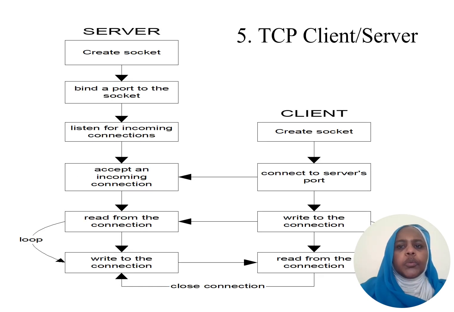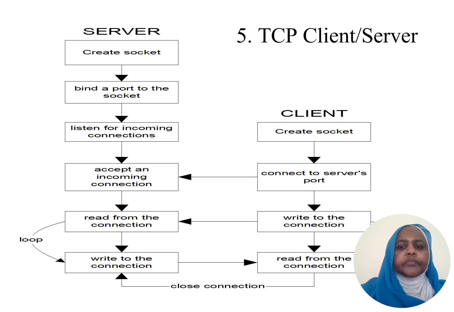The communication between a TCP client and server is very simple. The server creates a socket, binds a port number to this socket, and then listens to this port number for incoming connections. The client creates a socket and sends a connection request, and the server accepts the connection request.